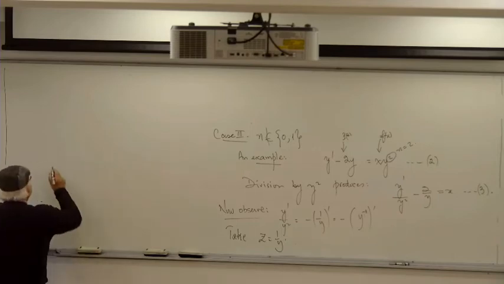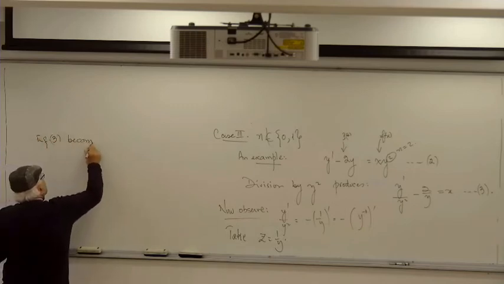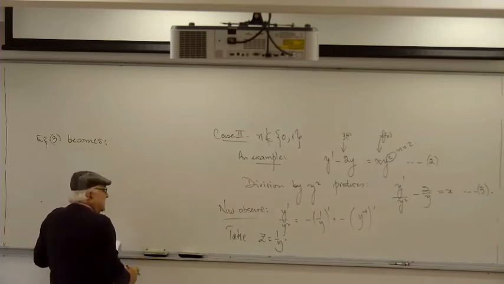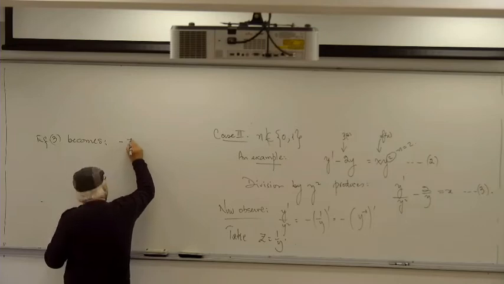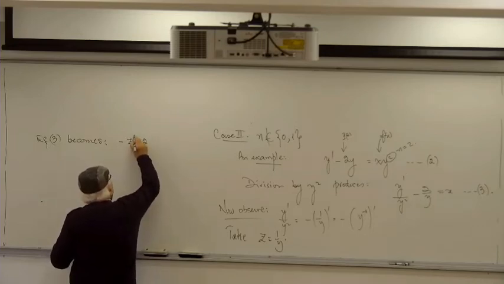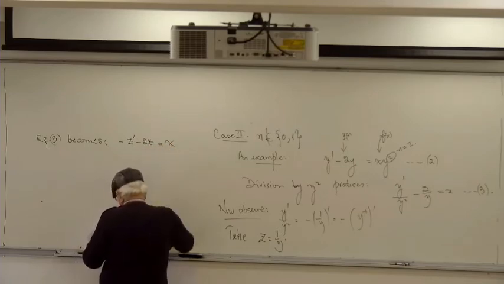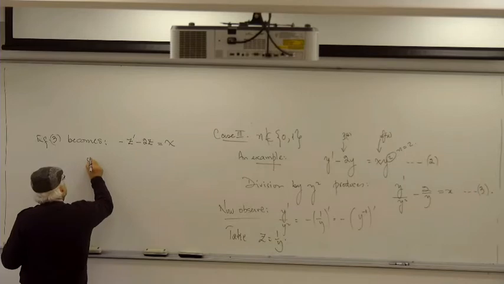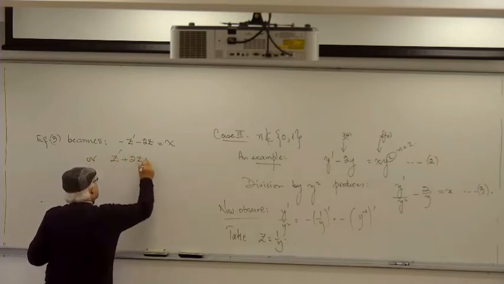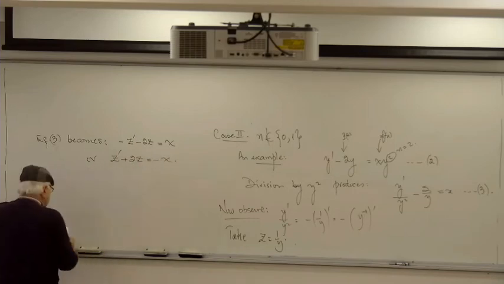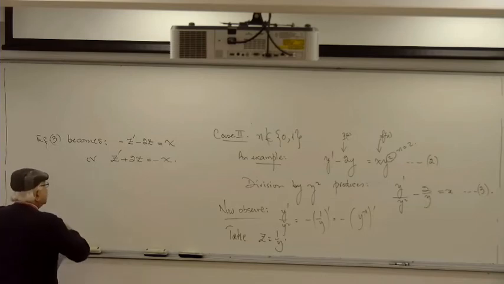Equation 3 now becomes, as you can see, minus z prime minus 2z equal to x, or just z prime plus 2z equal to minus x, which is, as you can see, linear of the first order.